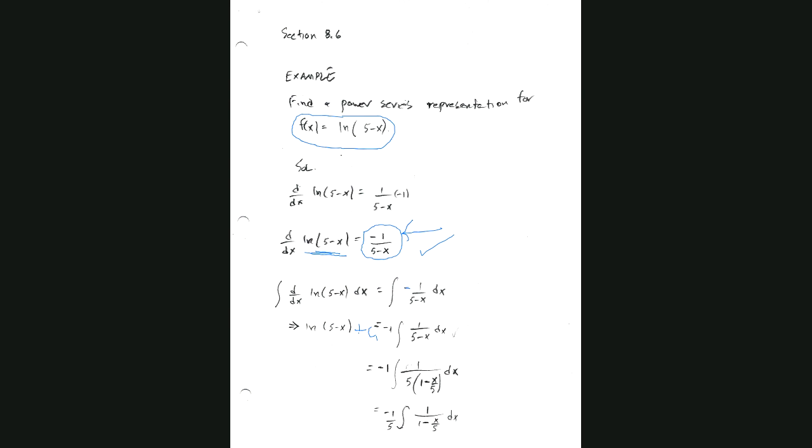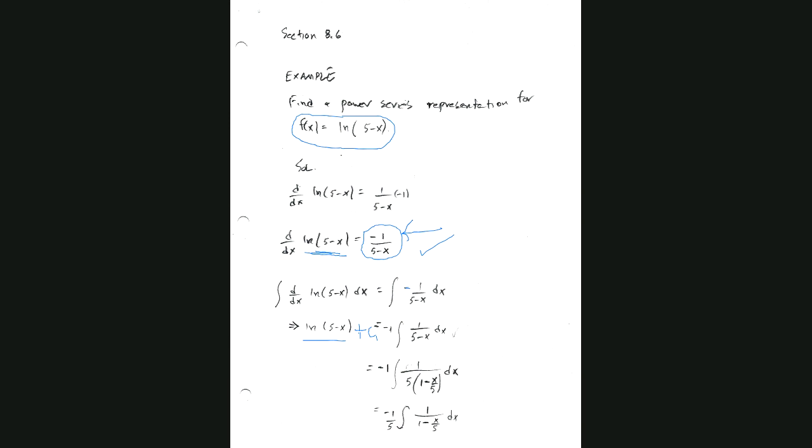All right, so now since I have the log of 5 minus x plus this constant, and the constant I can just move over to the other side in the end. But now I am going to integrate 1 over 5 minus x. I bring the negative out front. But 1 over 5 minus x, of course, I can write as a power series using the Apple formula.